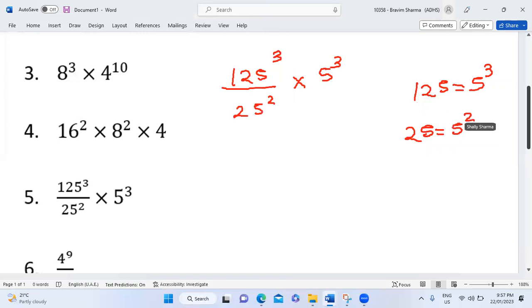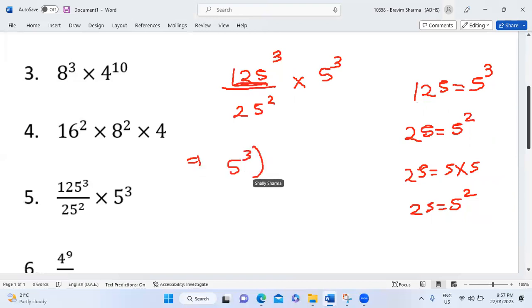Remember, you have to write it in power form, like a to the power b, not as a multiplication. Don't write 25 as 5 times 5. You have to express it like 5 squared. Now replace this value. So 125 is 5 cubed and then the whole cubed, over 25 squared, which means 5 squared, the whole squared, and times 5 cubed.